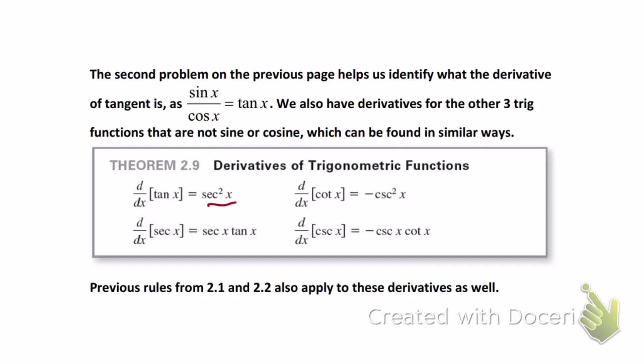Secant appears in its own derivative here, as does cosecant. But there's a definite pattern going on there. I wouldn't worry about it too much. It's just kind of cool the way some of those things work out. And then down at the bottom it says the stuff from 2.1 and 2.2 still applies to all of this too. Those other rules that we looked at.